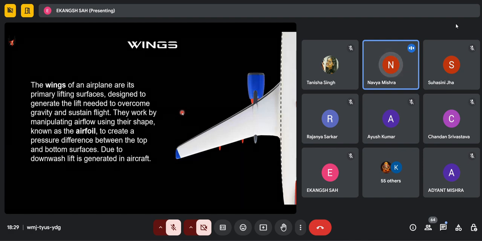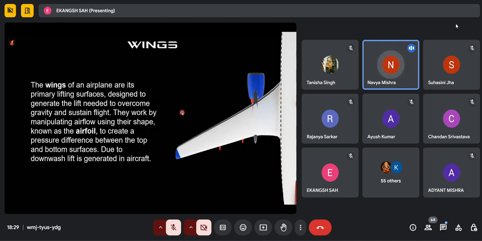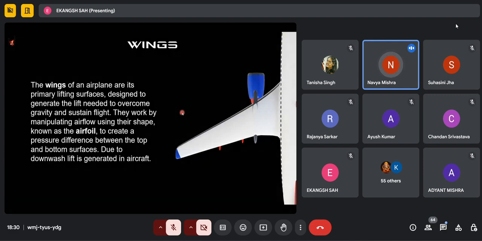So what is downwash? As you are all familiar with Newton's third law of motion, every action has an equal and opposite reaction. So the wing pushes the air in the backward direction, and as a result, the air pushes the wing in the forward direction.